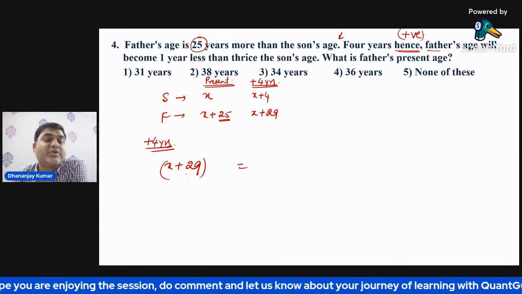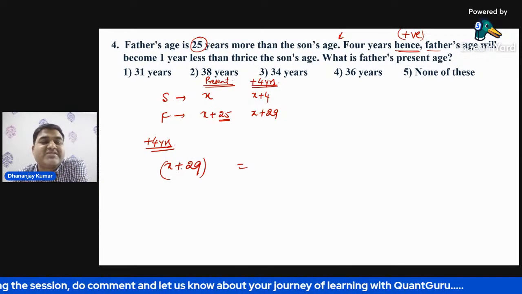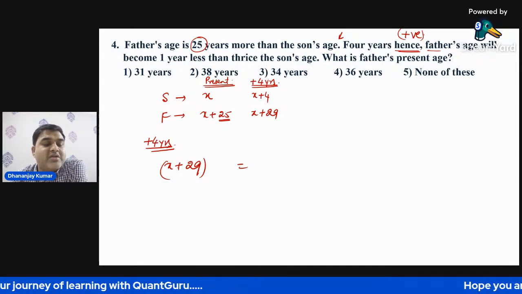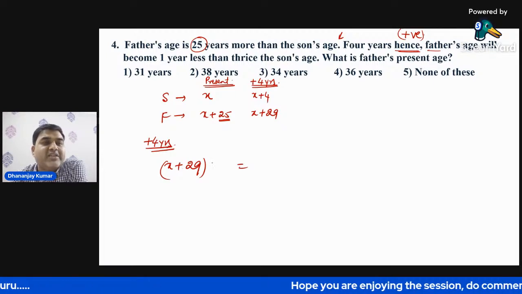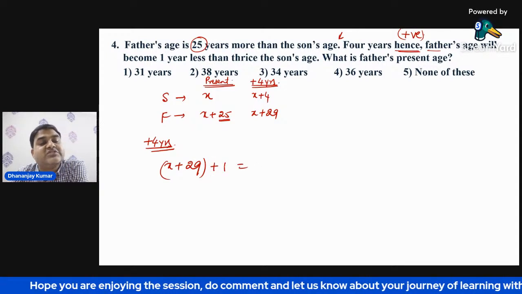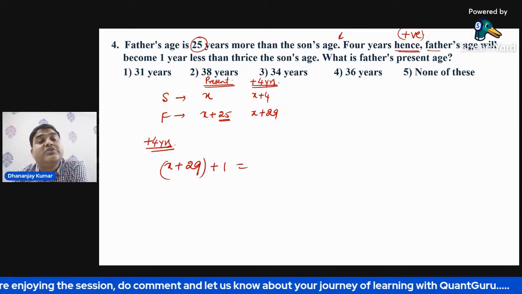That means it is going to be 1 year less. Suppose somebody is telling, my age is 30, and my brother is 1 year less. Then what will you do? If my age is 30, to equate that, your brother's age also has to be added by 1. So to equate, I will add 1 to this, and then it will be equal to the statement.